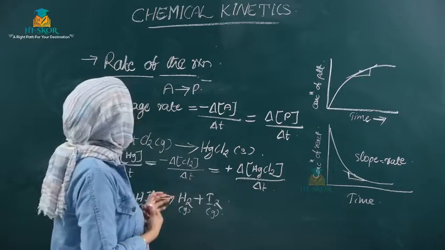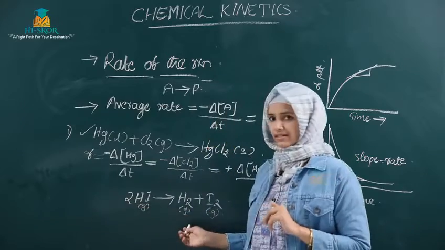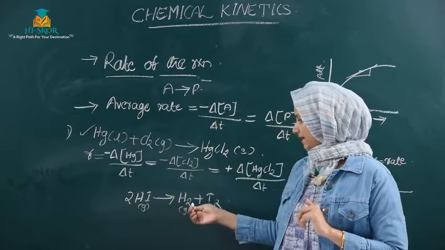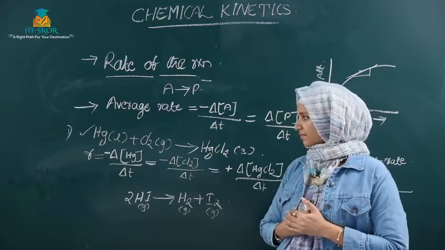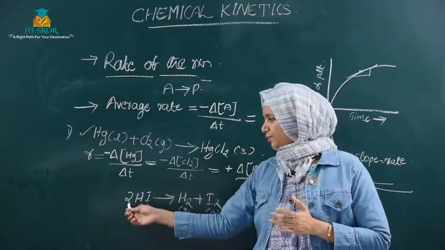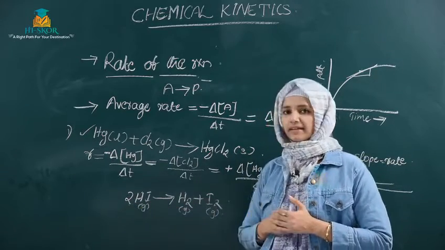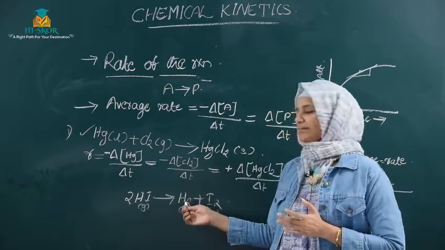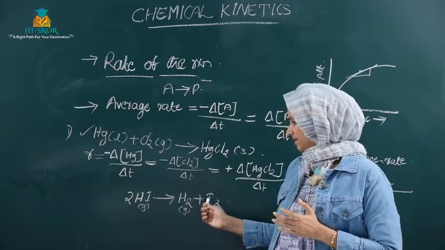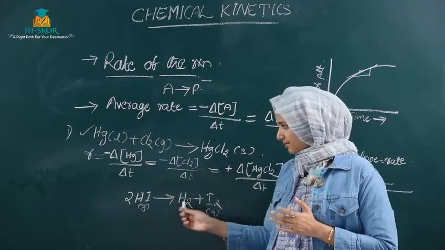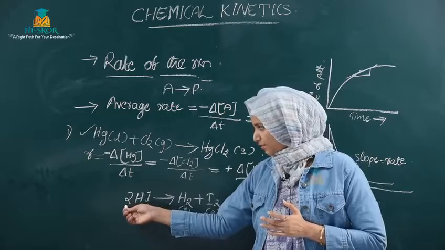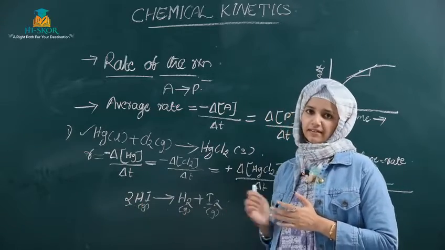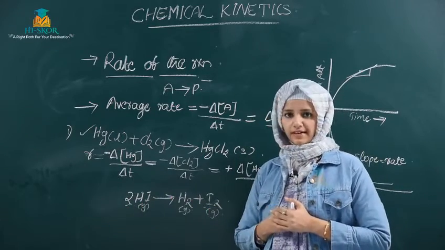Okay, so now you look at the second reaction, that is 2HI gives H2 plus I2. What is happening here? Here 2 molecules of HI reacted to give 1 molecule of hydrogen and 1 molecule of iodine. So here one problem is there. The stoichiometry is different in reactants and in products.